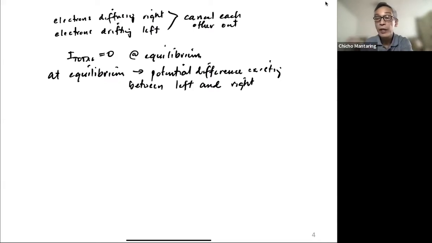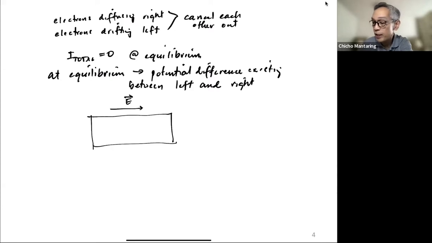For example, if this is your electric field, with respect to positive charges, the left side is of a higher potential than the right side. Why? If I get a positive charge and hold it in place here, it is going to be harder for me to hold it in place here than there. In other words, it will have more potential energy here than there. That's for your positive charge.